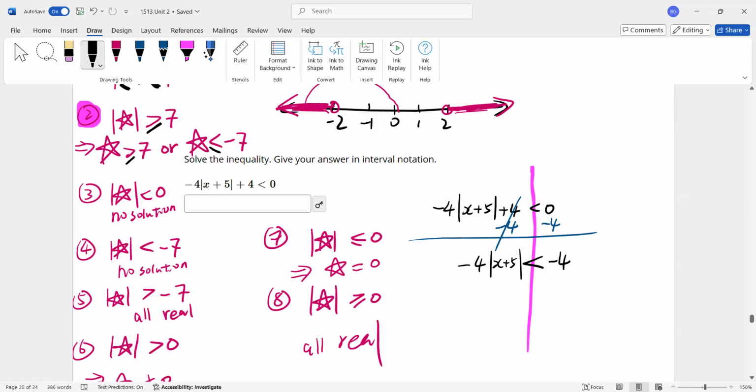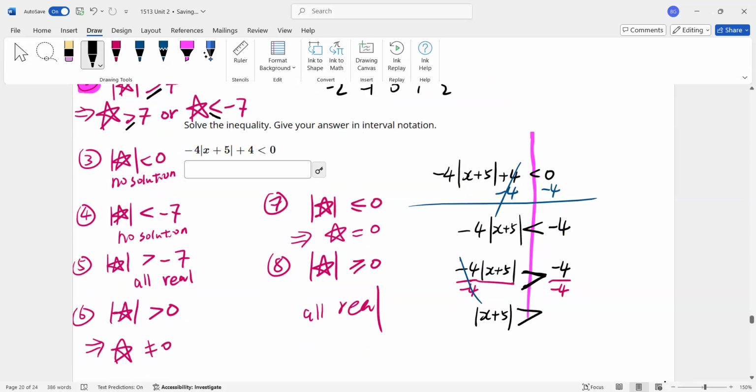In order to get rid of -4, I'm going to divide each side by -4. Is there anything special we need to do? Flip the sign. Perfect. Awesome. Very good. So cancel -4, and then we have absolute value of x plus 5, now bigger than. On the right side, -4 over -4 also equals 1.